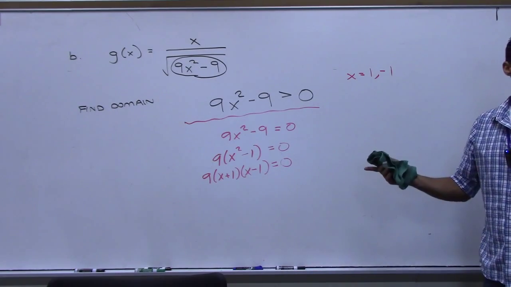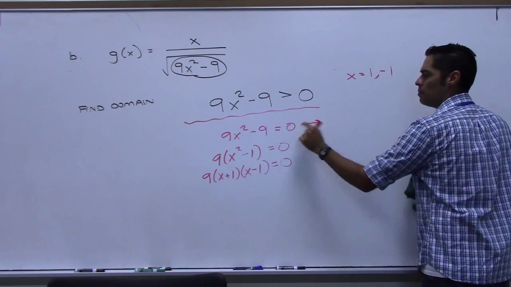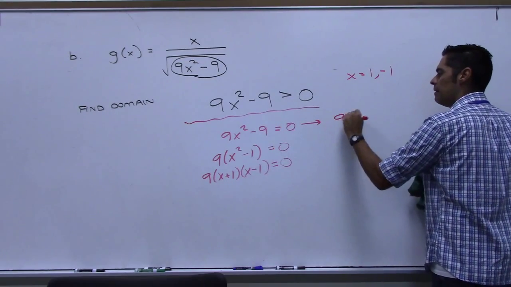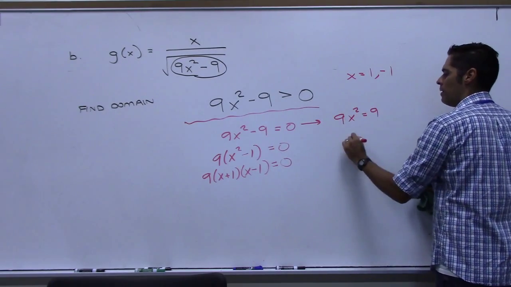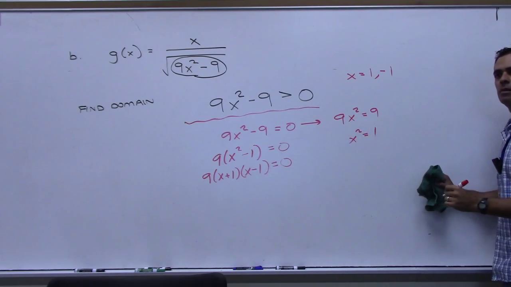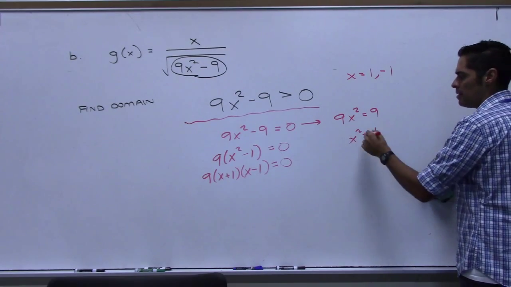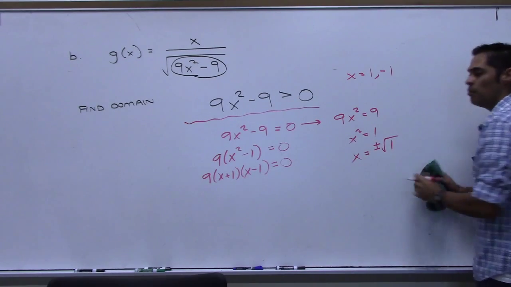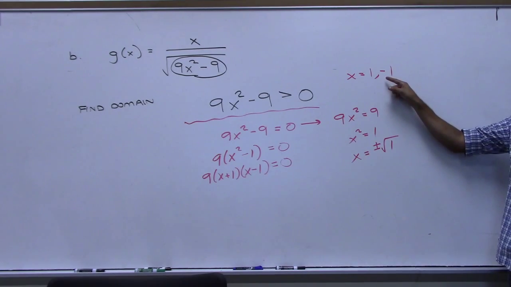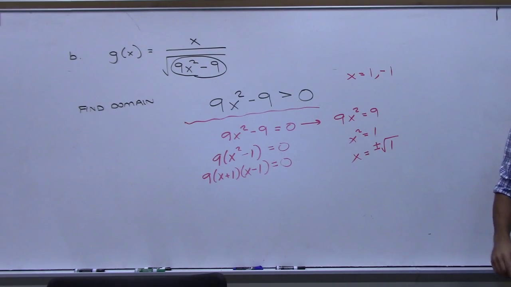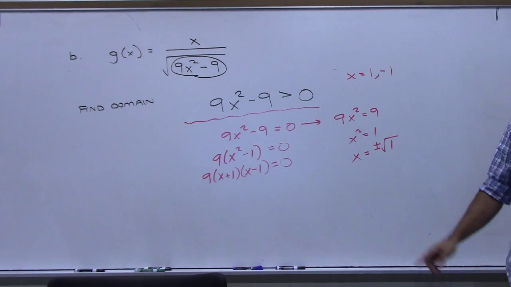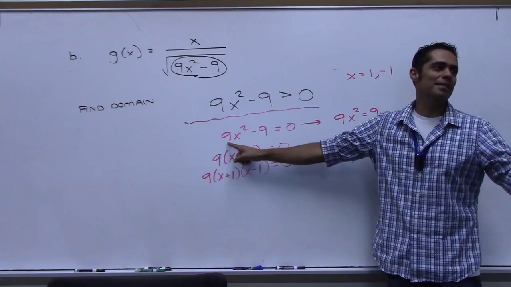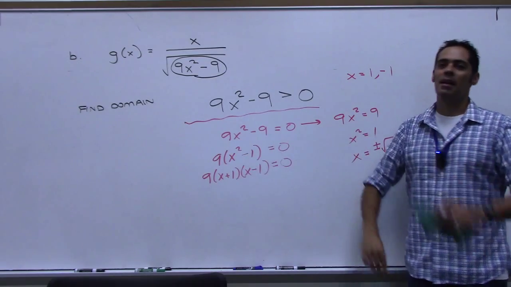Another way would be to move the -9 to the other side, divide through by 9, and then take the square root on both sides. Then you get plus or minus the square root of 1, which is plus or minus 1. And the last way is the quadratic formula, with A being 9, B being 0, and C being -9.